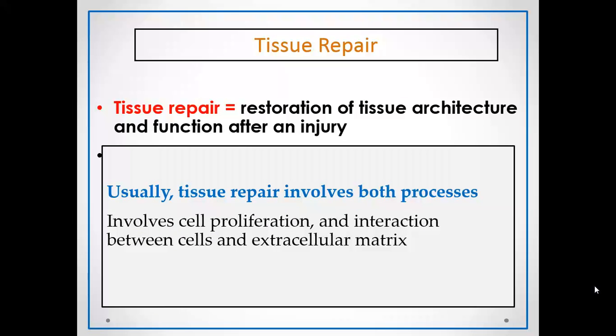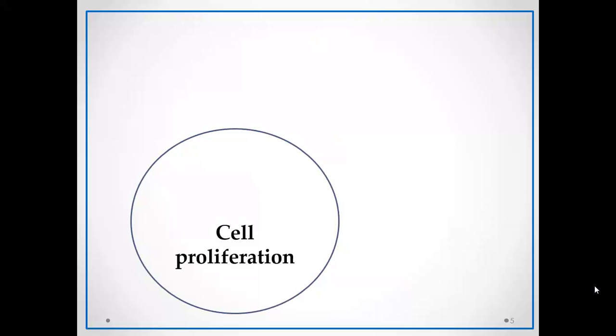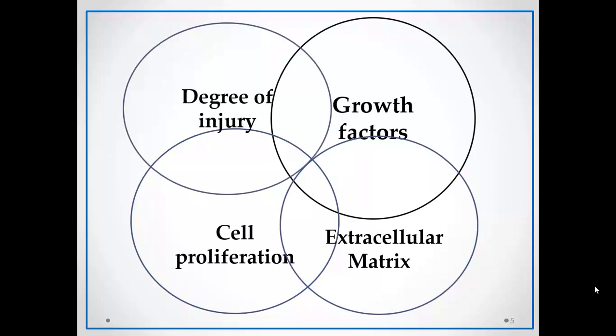So usually tissue repair involves both processes: cell proliferation and interaction between cells and extracellular matrix. Now we are going to discuss the four circles of tissue repair. First of all, we have to know the degree of injury, because if the degree is minor, then proliferation could occur and restoration to normal function and architecture will come easily.